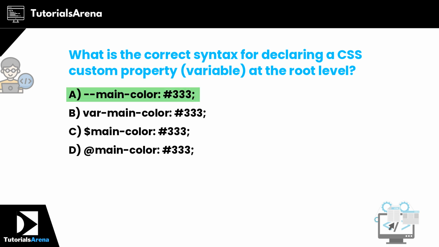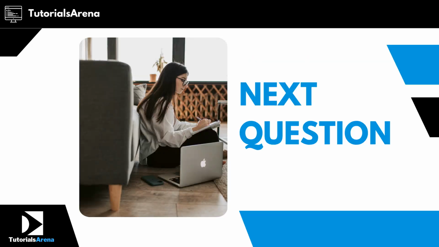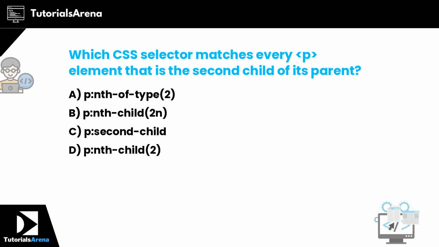The correct answer is option A, --main-color: #333. Which CSS selector matches every P element that is the second child of its parent? The correct answer is option D, p:nth-child(2).